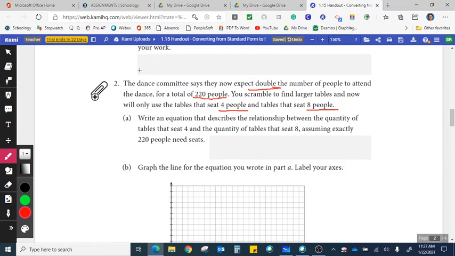Just remember, originally we said S equals small, and G equals large. You can call them whatever you want, but that's just a good way of understanding it. So we come up with this. It says 4 people per small table.